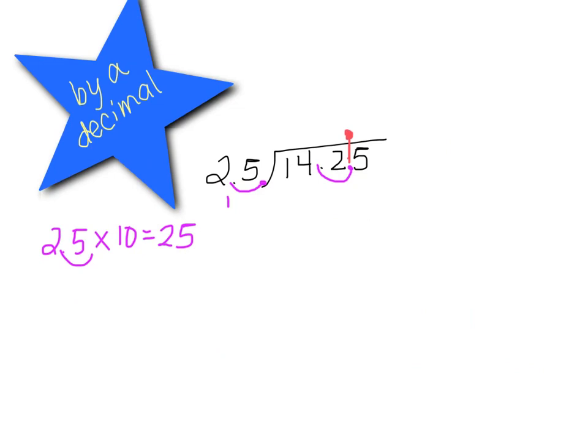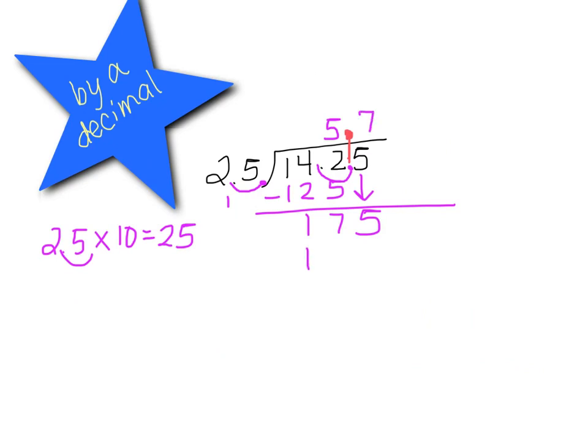25 into 142 goes 5 times. 25 times 5 is 125. And we are left with 17, and then 175. And I got that from bringing this 5 down. 25 into 175 is 7.